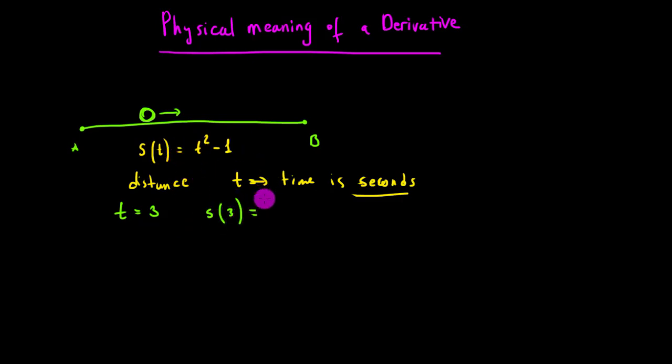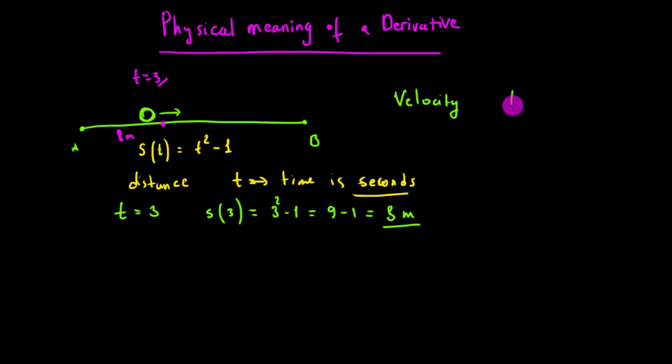According to our function, it will be 3 squared minus 1, which is 9 minus 1, 8 meters. So s is in meters. When the time is 3 seconds, the object will be around here, at 8 meters.